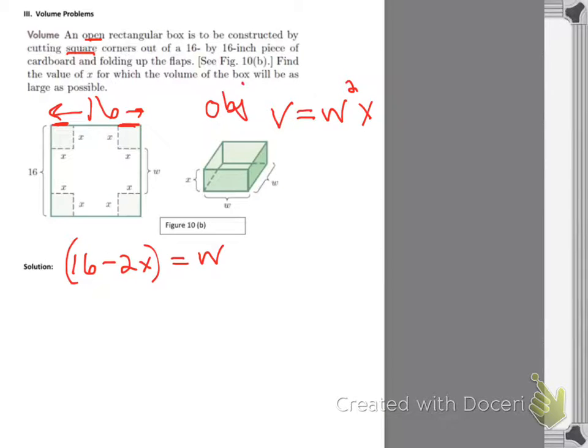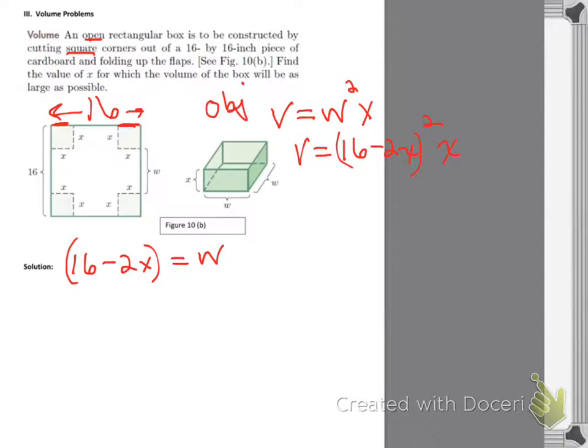So I have v equals w squared times x. Well, my w will be 16 minus 2x. So now I know that v equals (16 minus 2x) squared. And then I'm going to multiply that by x.